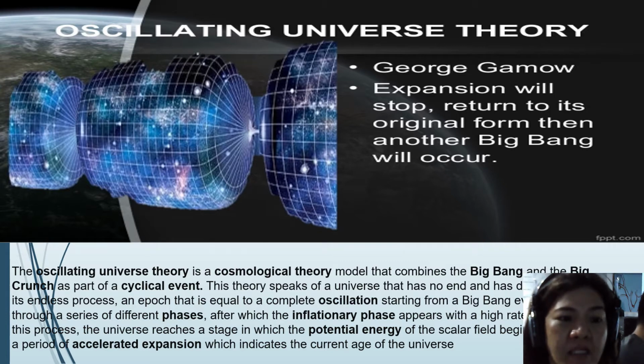An epoch that is equal to a complete oscillation starts from a Big Bang event through a series of different phases, after which the inflationary phase appears with a high rate. In this process, the universe reaches a stage in which the potential energy of the scalar field begins, then a period of accelerated expansion which indicates the current age of the universe.